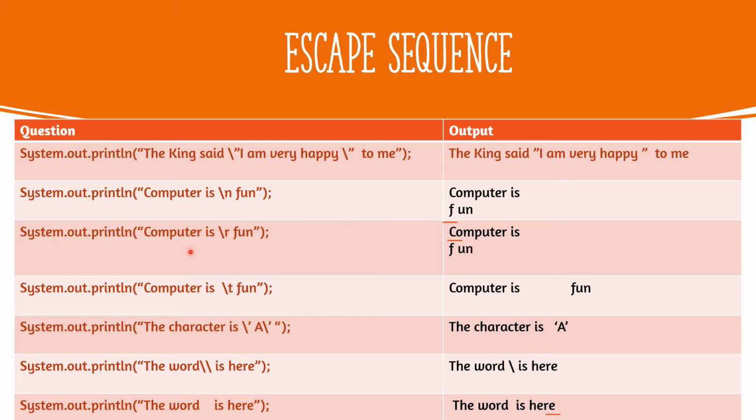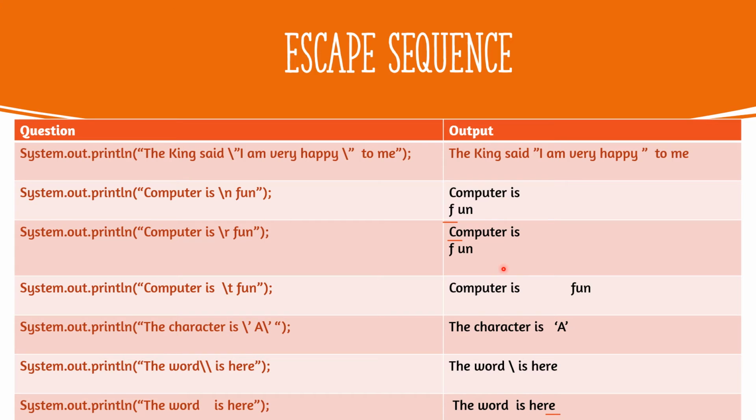And in the next one we can also discuss the difference between \n and \r. Computer is fun, with \r meaning carriage return. We have discussed this now. \r means carriage return, \n means new line. In both, the output will be the same when you print. So what is the difference between \n and \r?